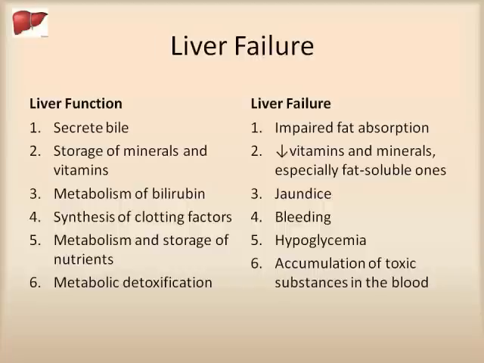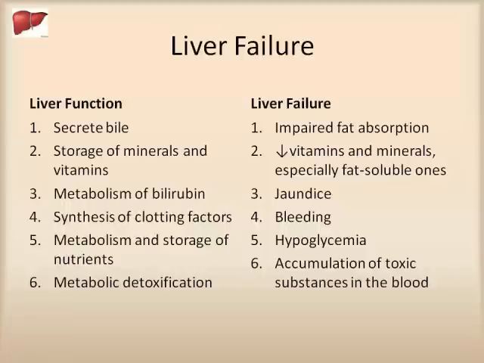Part of the job of the liver is to synthesize clotting factors. Well, in failure, that's not happening, so we're going to see bleeding. The liver is supposed to help metabolize and store nutrients, and that includes glucose. So, if we're messing with that glucose to glycogen storage process, we're going to end up with more hypoglycemia in people because they don't have the stored glycogen to call on.